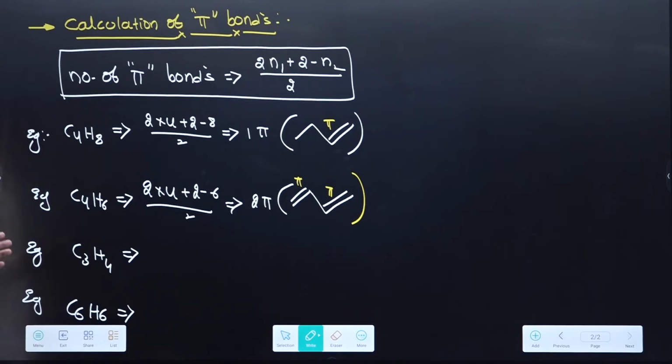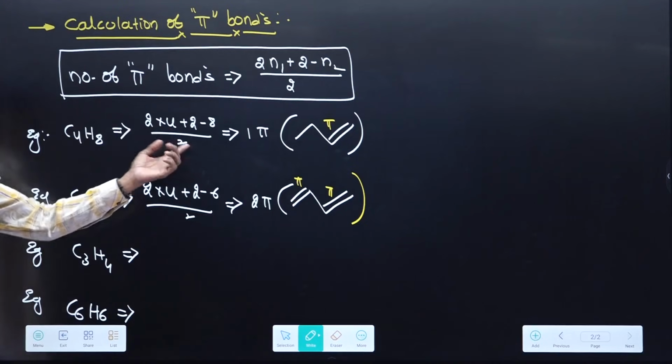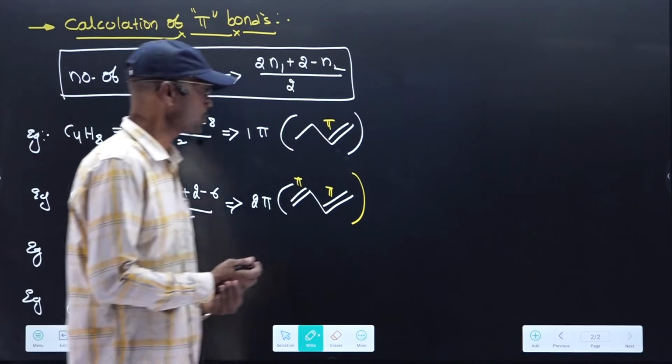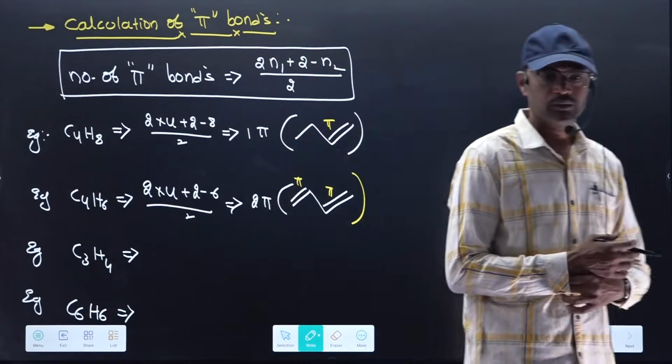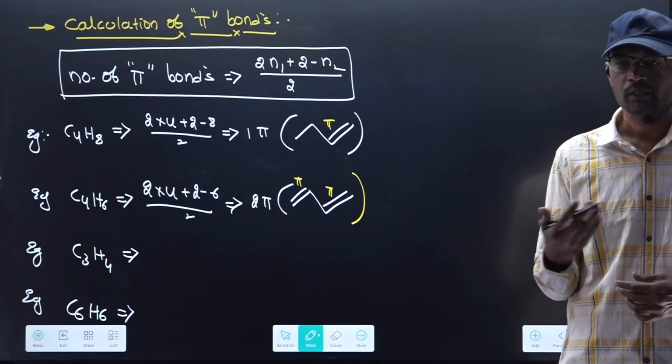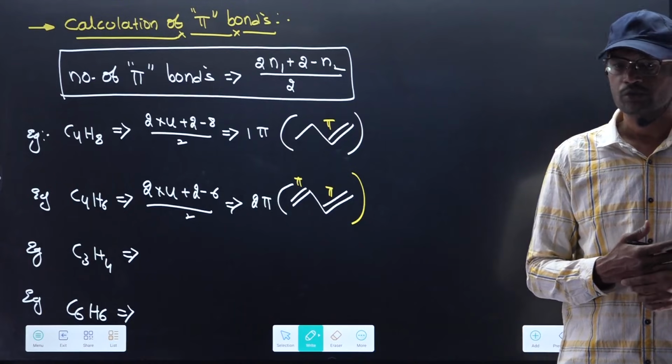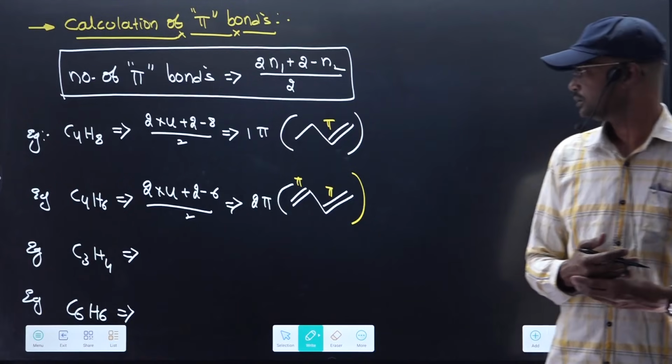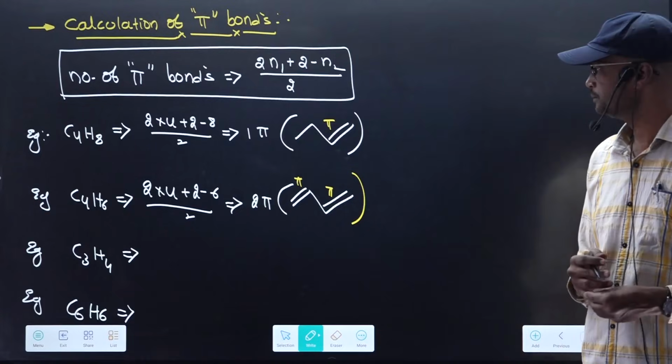C3H6 also possible, but no use, same, this concept you will get. You better write C3H4. If you have already written, you take one more example as C3H4. Don't cross out, just make them clear.